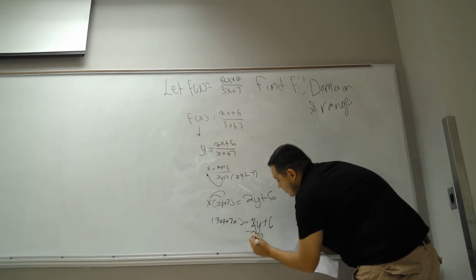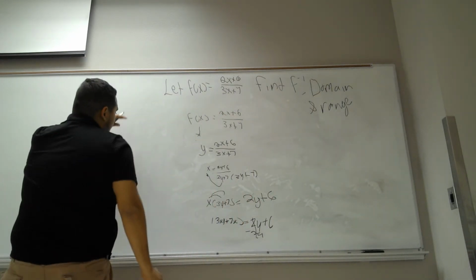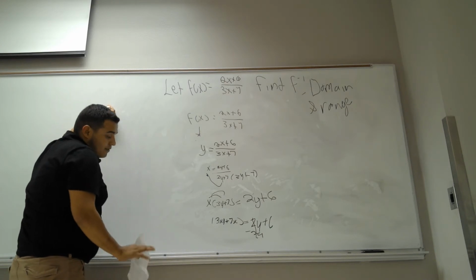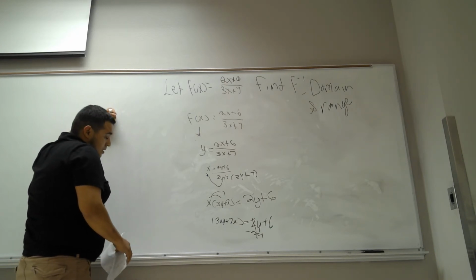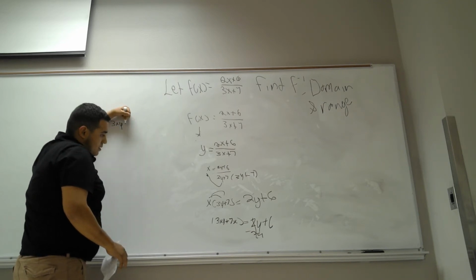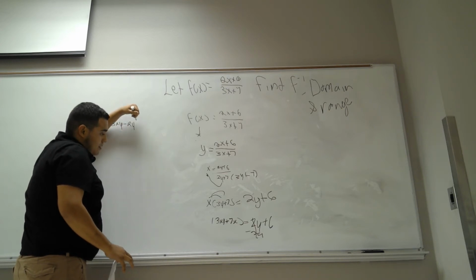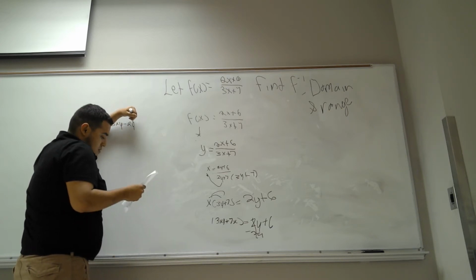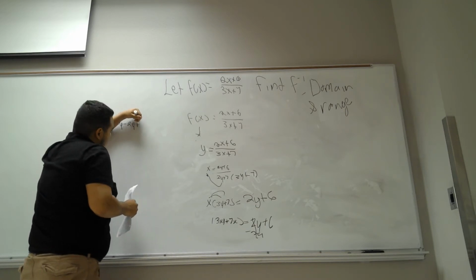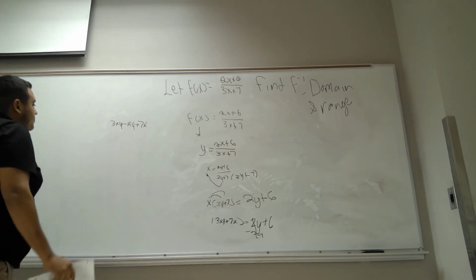So you're going to get rid of this, and I'm going to take the problem over to this side to have more space. So up to this point it's going to be 3xy minus 2y plus 7x equals 6.